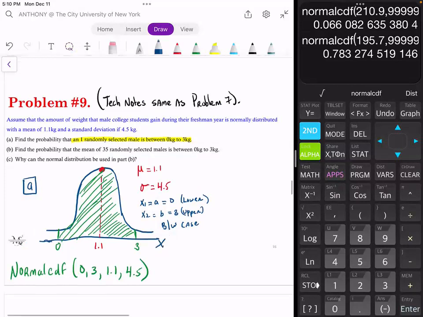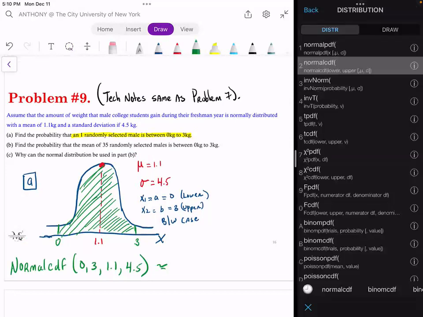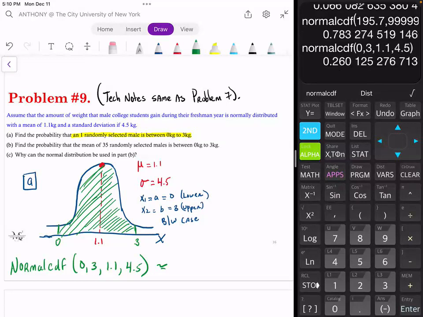Okay, so let me work this out in the calculator. You do second vars, normal CDF, 0, 3, 1.1, 4.5. And you hit enter, you get 0.2601. If you got something a little different, let me know.